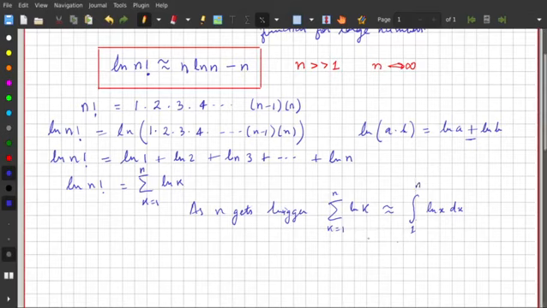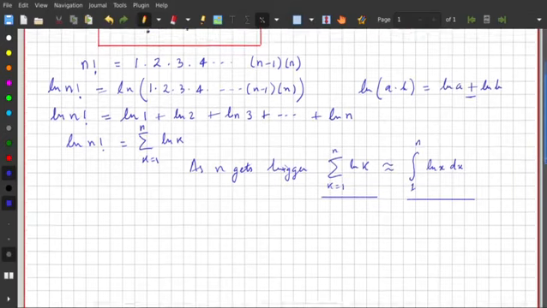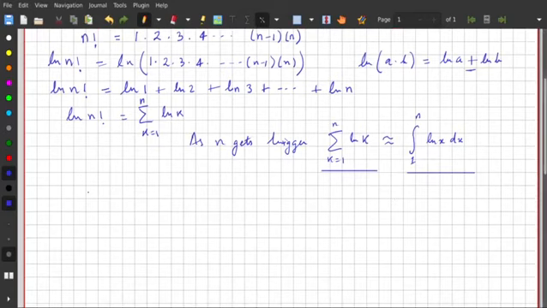Okay, so this is where the approximation comes. What we do is we approximate the sum by an integral, and this approximation becomes better and better as n becomes larger and larger. So if we write that, then we have log n factorial is approximately equal to the integral from 1 to n of log x dx.